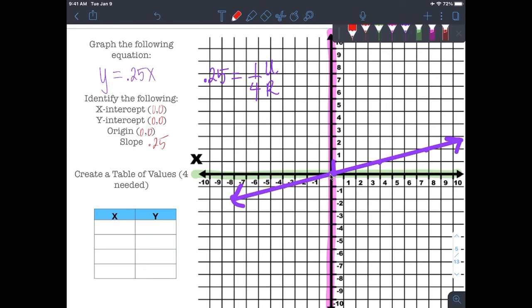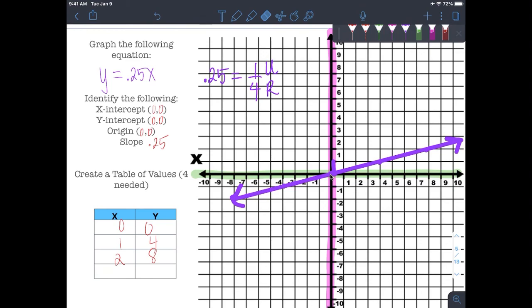This is called a direct variation or proportional. So whenever my b or my y-intercept is equal to 0, these are proportional, okay? So my table of values, 0, 0, 4, 1, 8, 2.